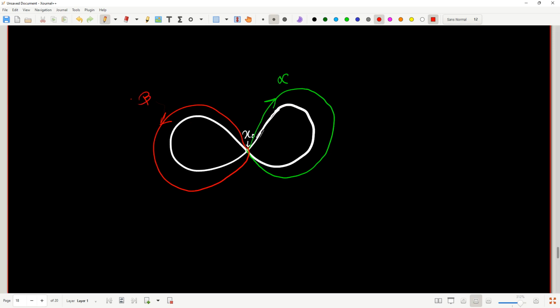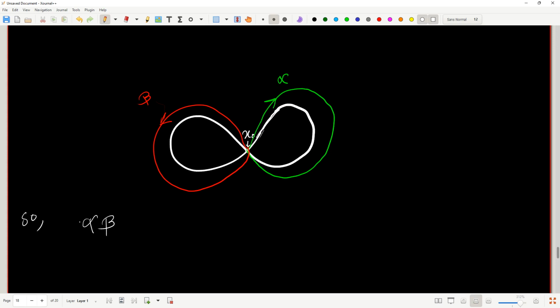Now if this alpha and beta are two loops around the base point x0, and we consider the product of loops, then we see that this group structure is not actually commutative. So alpha and beta are loops. So at first we just want to take this alpha beta product.